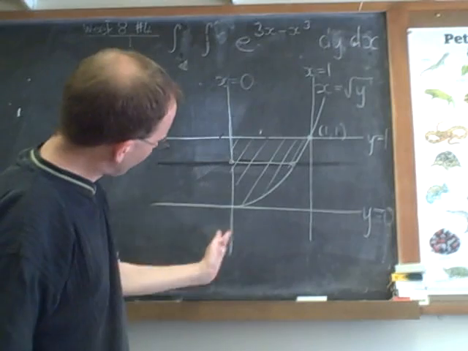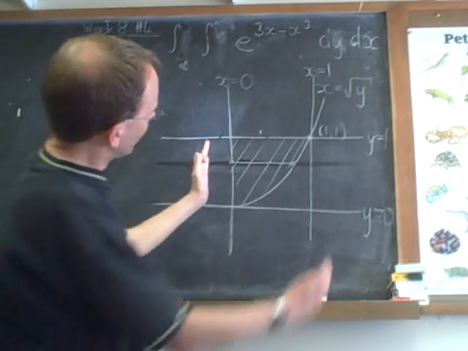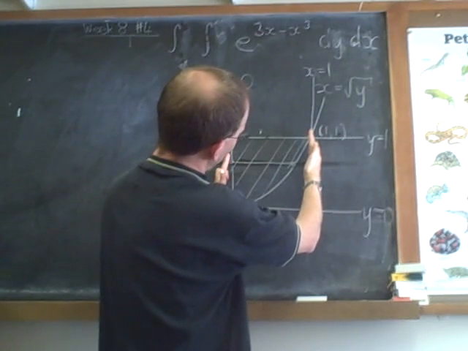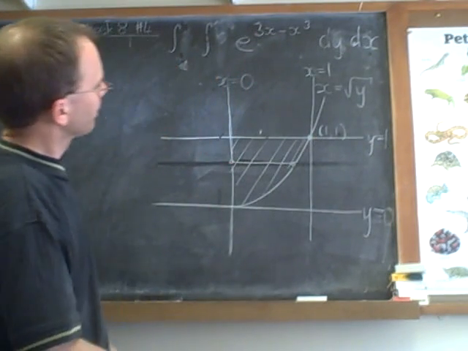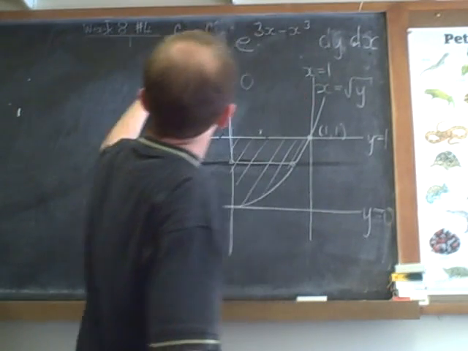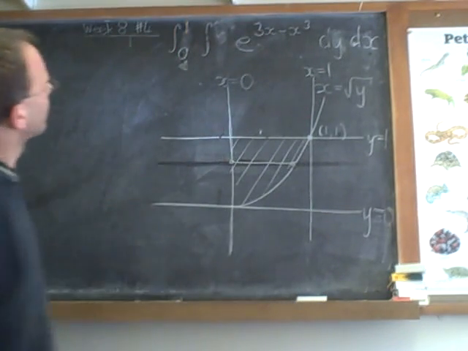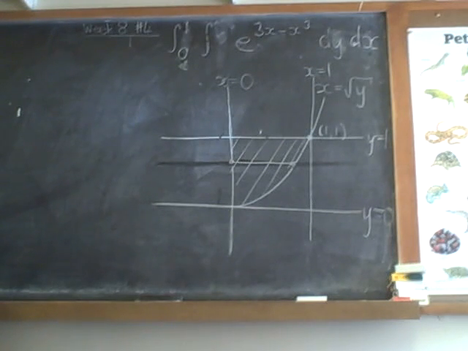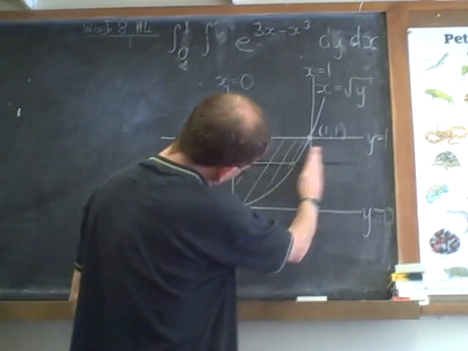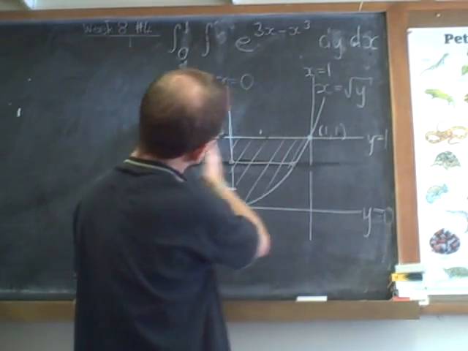Right, x equals 0 forms part of the left-hand edge of the region, and when we bring in the line from the right, x equals 1 is the first time it touches the region. So I can put those in then. So now we've got a vertical line sweeping across.